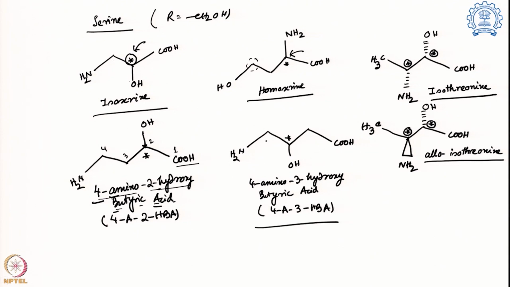So, you can see they are all different versions of hydroxyl-based amino acids, and there is one more, which we can see over here, that will go to the next one, which is the following: carboxylic acid.